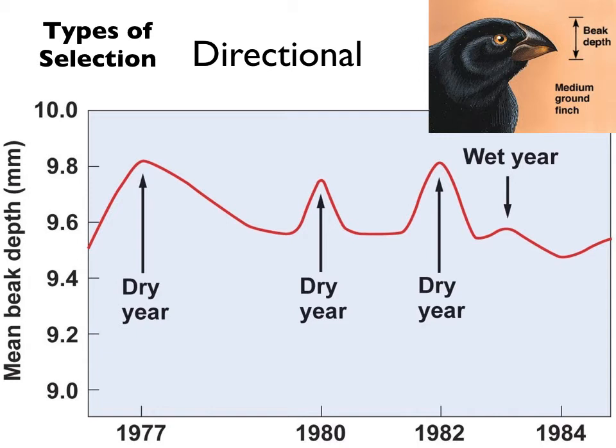In years when it's dry, the average beak size increases because all the individuals with small beaks starve to death. The big ones had a higher chance of survival and more offspring. In the next generation, there are a lot of individuals with bigger beaks because it's heritable variation.